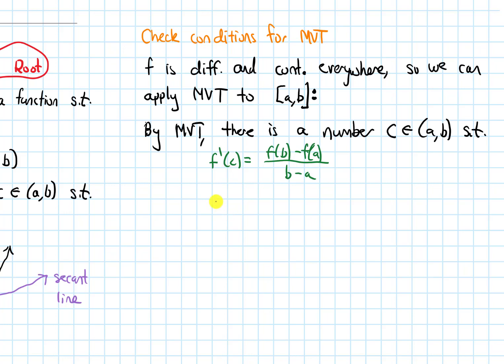So this gives me f prime of c equals, and f of b and f of a were both 5. So we have 5 minus 5 on the top, and on the bottom we have b minus a. So 0 divided by the denominator, which is non-zero because a and b are different, that's just going to be 0. So the mean value theorem tells us there's a point where the derivative is equal to 0.